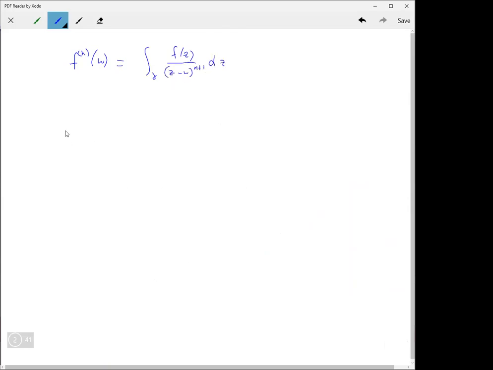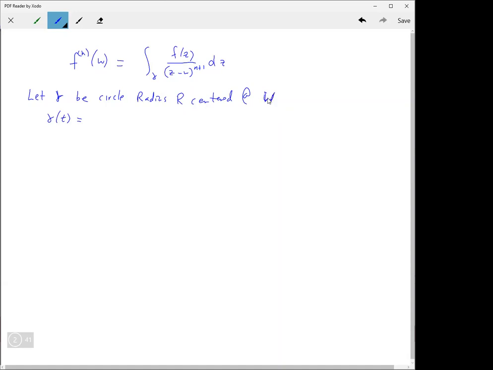The interesting thing is if you let gamma be the circle of radius r centered at w. Let me see if you guys remember how to parameterize a circle whose radius is r and whose center is w.